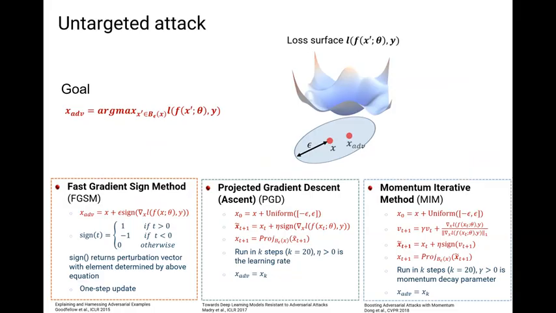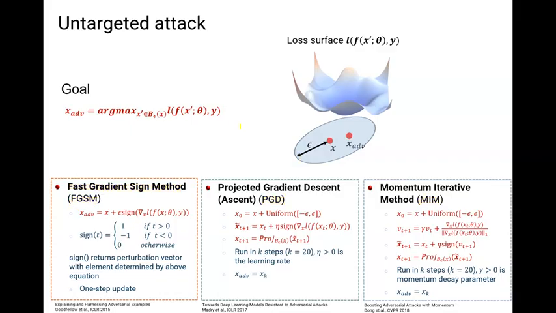There are three methods. One is the fast gradient sign method, FGSM for short. The other is projected gradient descent, and one is the momentum iterative method. Don't be scared by these complex names and terminologies. They are just methods to do what we want to do.